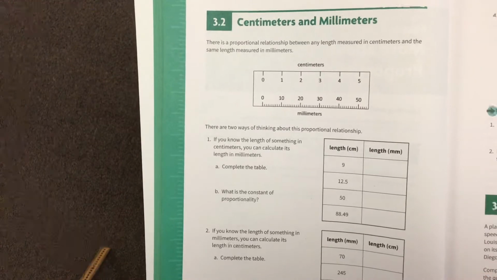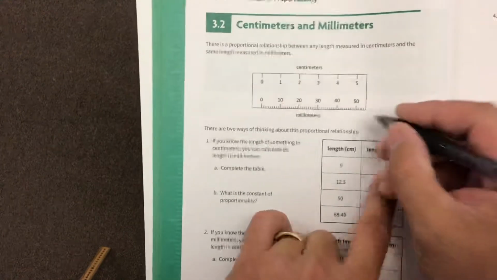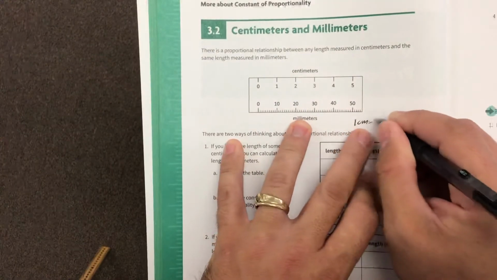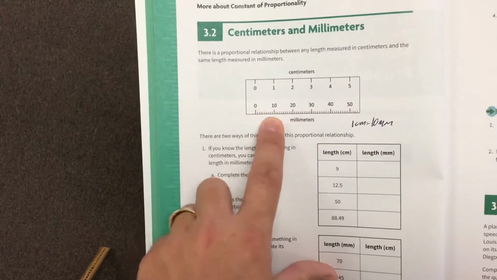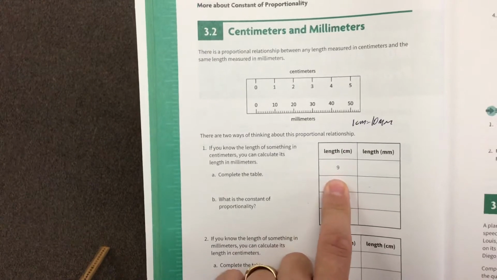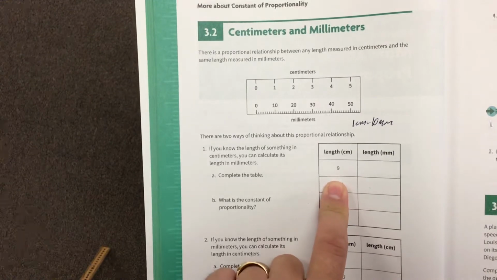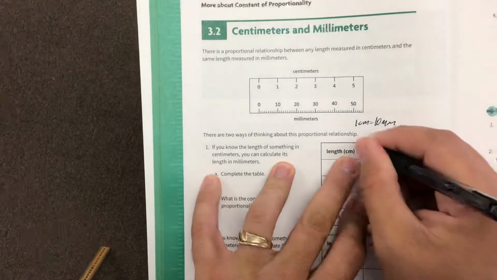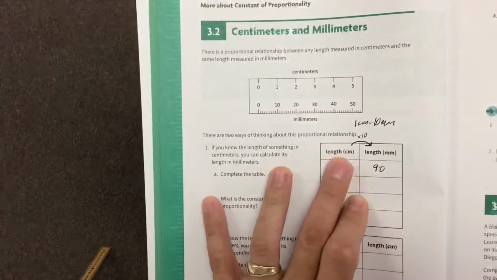Jada, do you know how many millimeters are in a centimeter? 10. So 1 centimeter equals 10 millimeters, and we can see that right here. Here's 1 centimeter, here's 10 millimeters. So if I have 9 centimeters, how many millimeters is that? 90. So I am taking everything times 10 going this way.